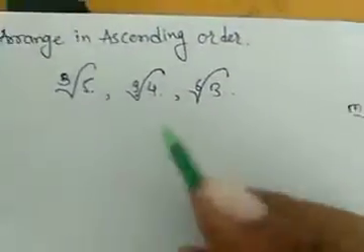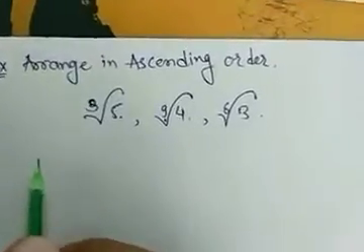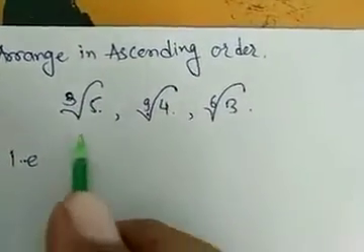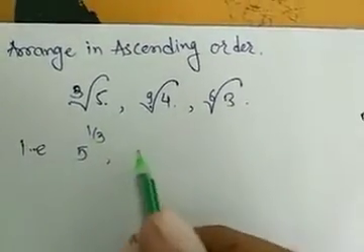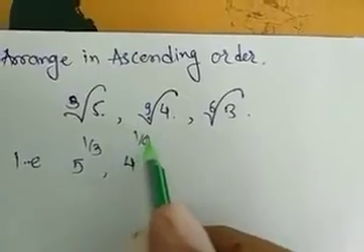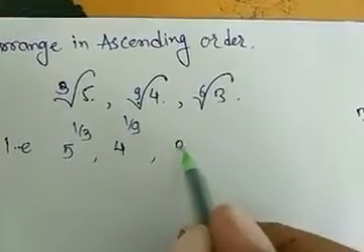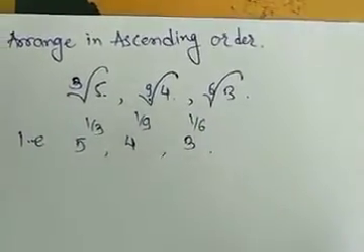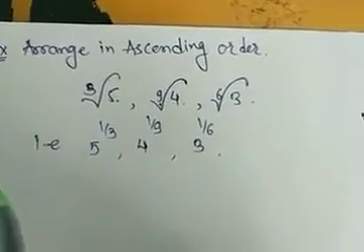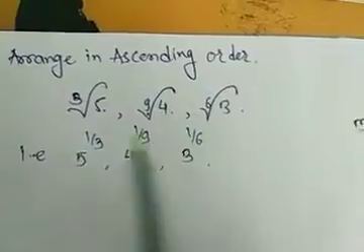So we write it in the form of 5 raised to 1 upon 3, 4 raised to 1 upon 9 and 3 raised to 1 upon 6. And we can solve by the previous example's process.